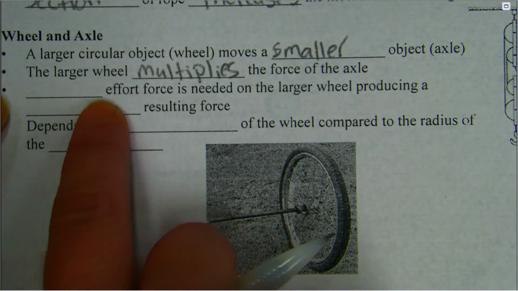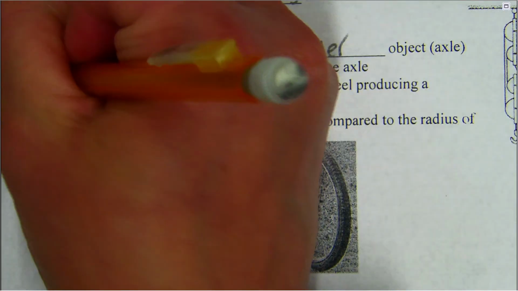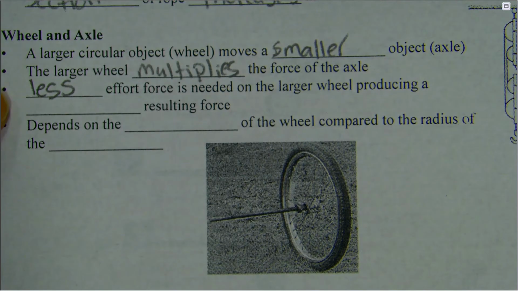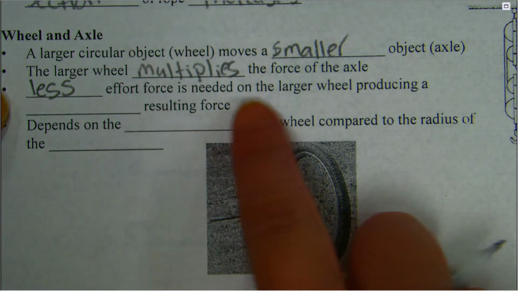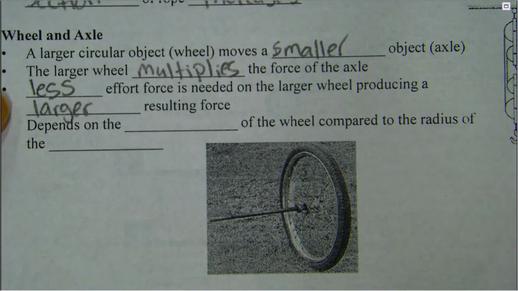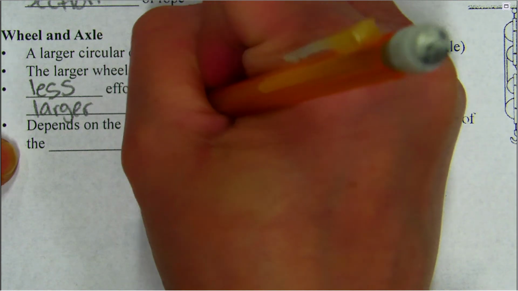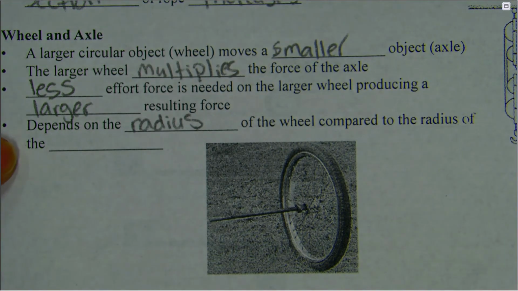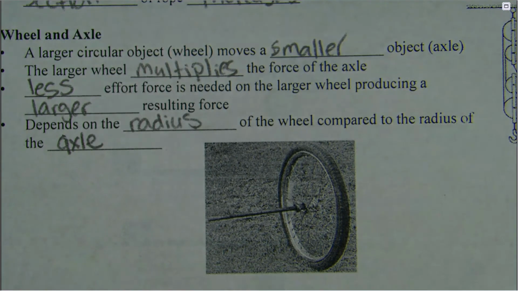There will be less effort force needed, so the amount of effort needed to put in is less on the larger wheel, producing a larger resulting force. And it will depend on the radius of the wheel compared to the radius of the axle. So there's our 6 types of simple machines.